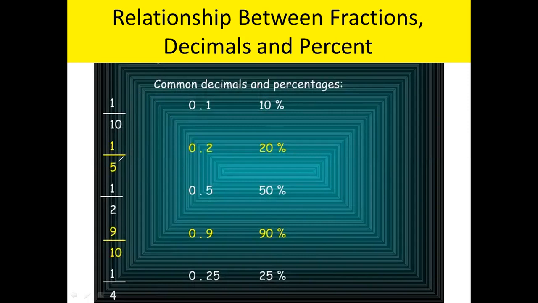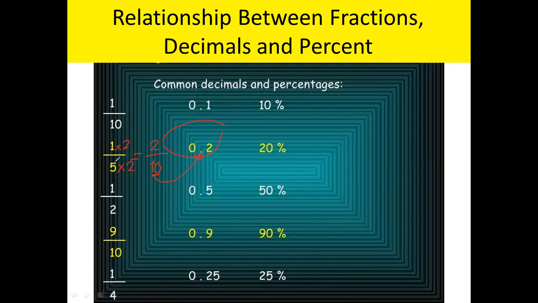Example, 1/5, so that we can get a denominator of 10, we multiply this by 2, and multiply also the numerator by 2 so that we get 2/10. Since we have now a denominator of 10, that means we have 1 decimal place. So that is 0.2.